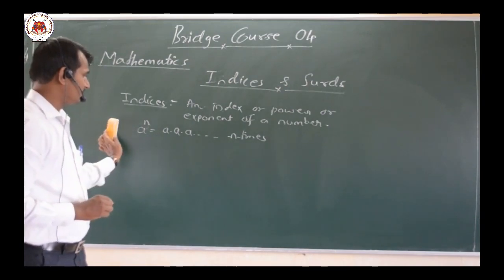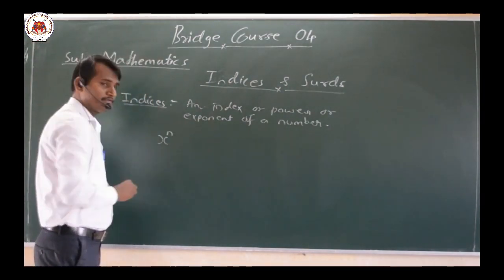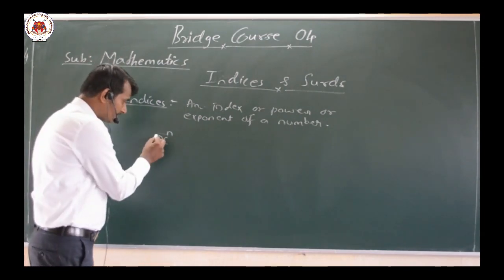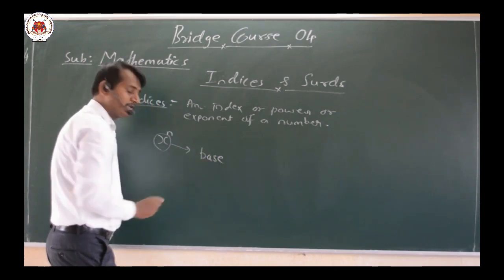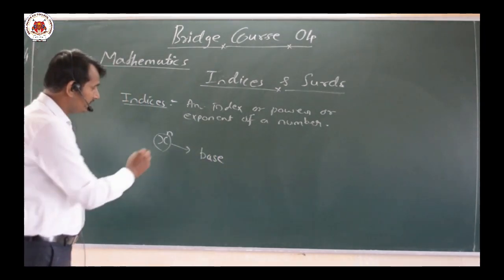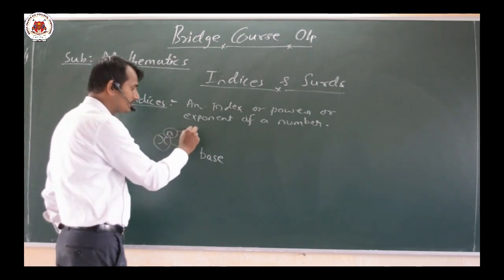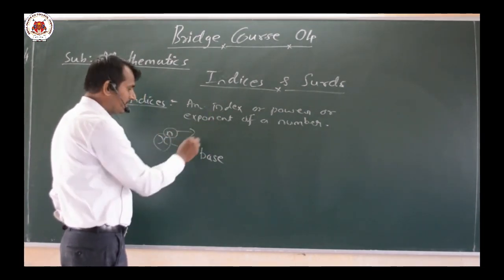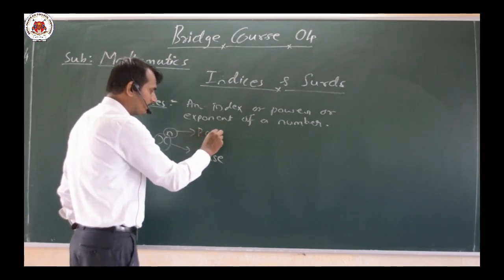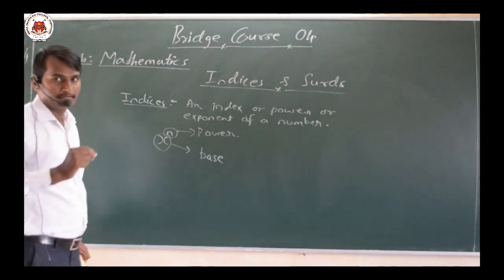So how we can explain? For example, here in this particular example we have taken it as x to the power of n. This particular x we call it as a base, and here this integer n, where n is any value, is known to be as exponent or power or index. I will call it simply as power, which will be very simple for you to remember.